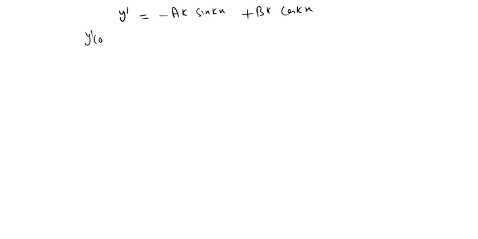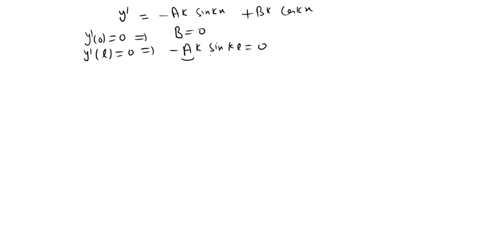Now the derivative at 0 will give you b equal to 0, and the derivative at L equal to 0 will give you minus ak sin kL equal to 0. So either a is 0, k is not 0, or sin kL equal to 0.